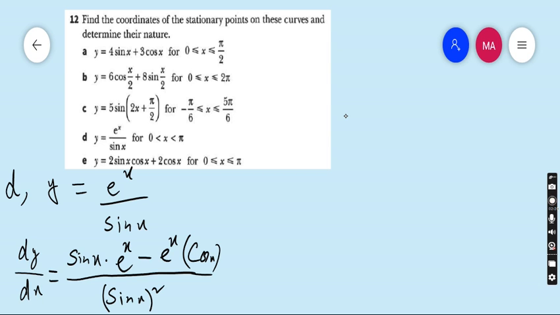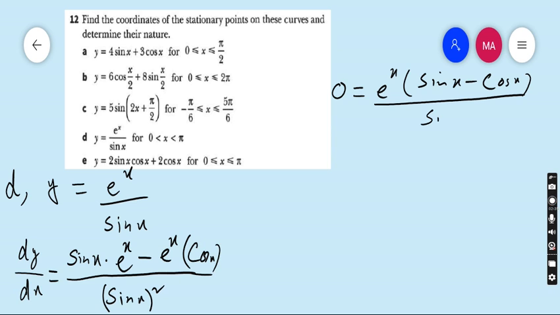Now replace dy by dx by 0, equals, there is common e^x, sin x minus cos x upon sin x whole square, that is sin square x.